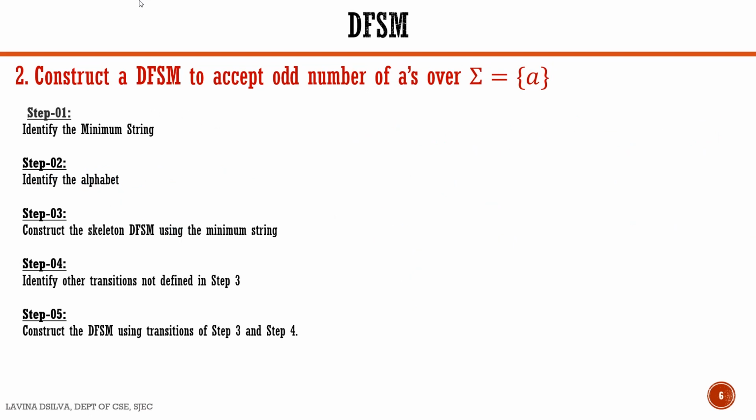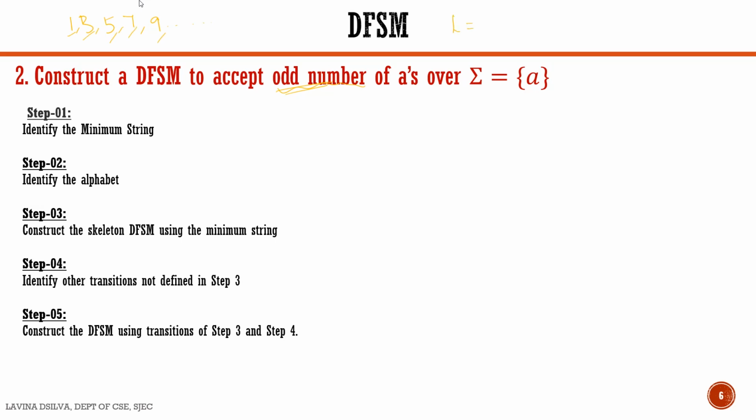The second example is to construct a DFSM to accept odd number of A's over sigma is equal to A. Now, when we are talking about odd numbers of A's, what are odd numbers? Odd numbers start from 1, 3, 5, 7, 9, etc. So we are talking about 1 A, 3 A's, 5 A's, 7 A's, 9 A's in our language.